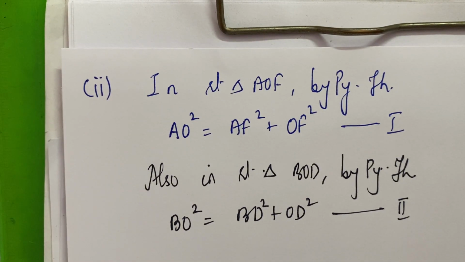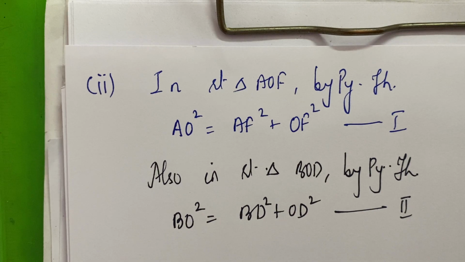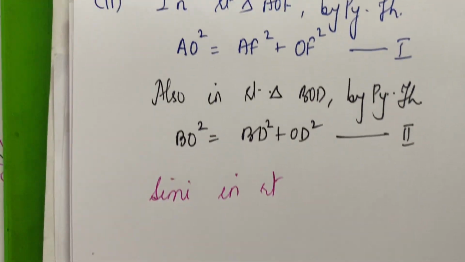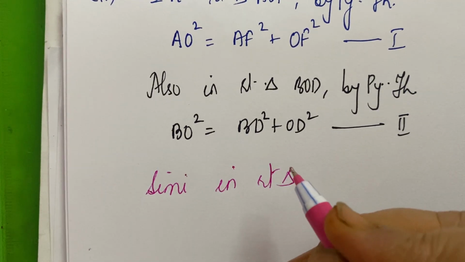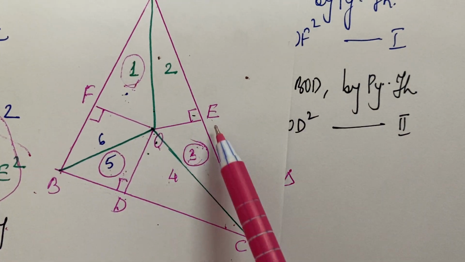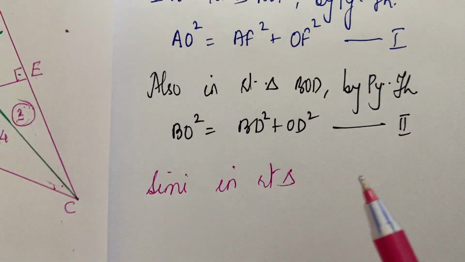And take the third triangle then. Third triangle, similarly in right triangle, we are taking triangle CEO or OEC, triangle number 3.